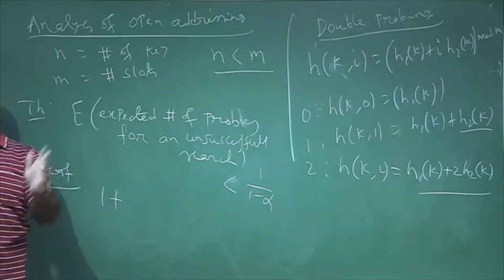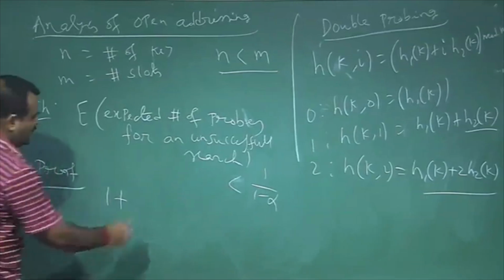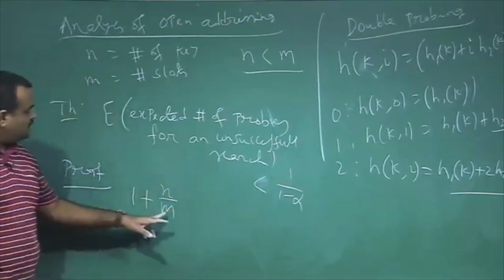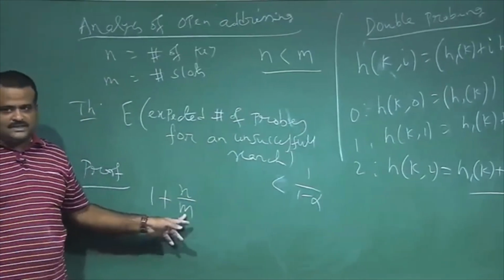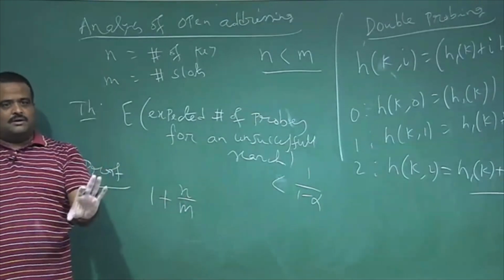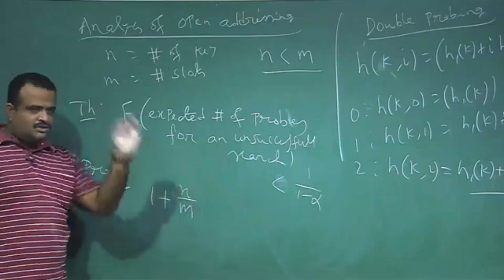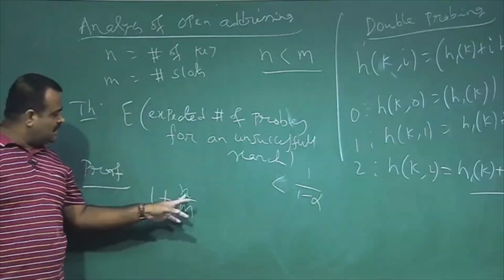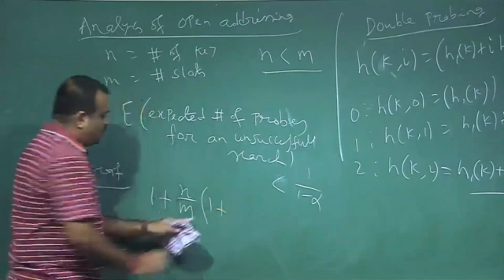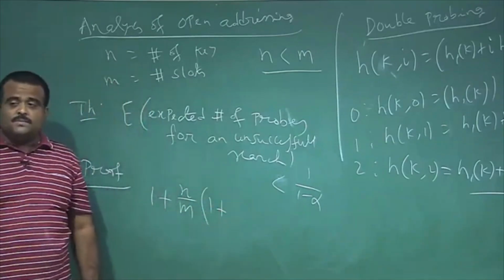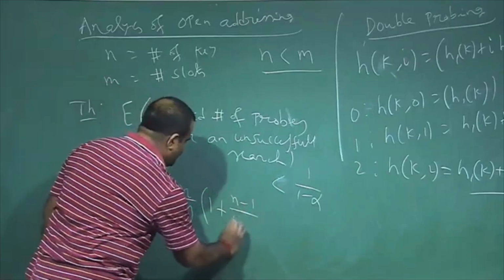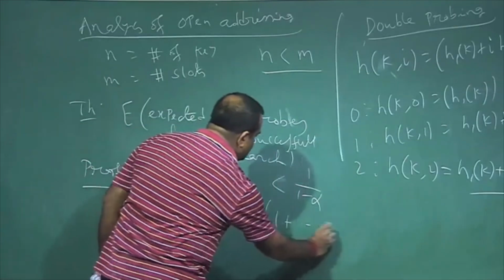The probability that it will hit an occupied slot is n by m, because m is the total number of slots, the total number of cases, and n is the number of keys occupying slots. That is just the classical definition, and then again we go for the next probe. If it hits an occupied slot again, the probability is similar, and this way we continue.